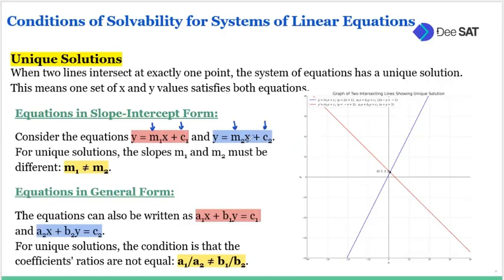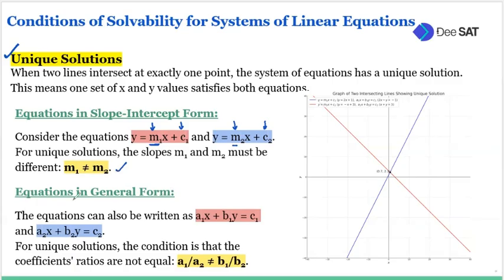To identify that these two lines have a unique solution, you just need to look at the slopes, not the y-intercepts. If the two slopes are different, they will definitely have a unique solution. That means the slope of line 1 is not equal to the slope of line 2.